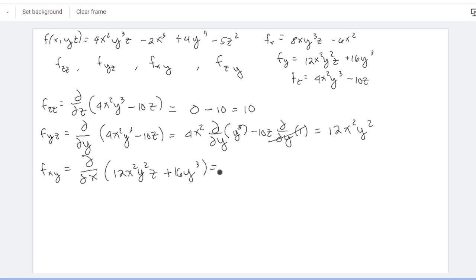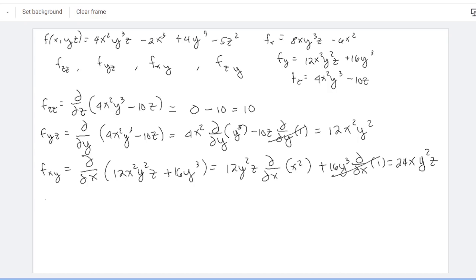With respect to x, I will treat 12y squared z as a constant, and take the partial derivative with respect to x of x squared, and the 16y cubed term becomes 0. So we are left with 2x, times 12, that's 24 x y squared z.